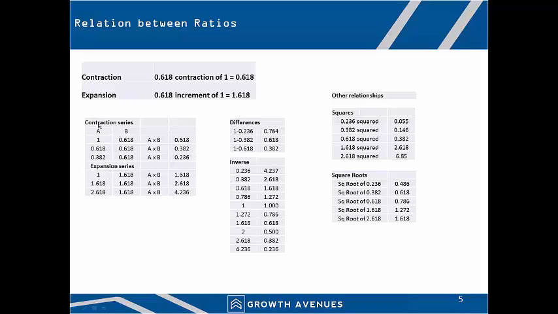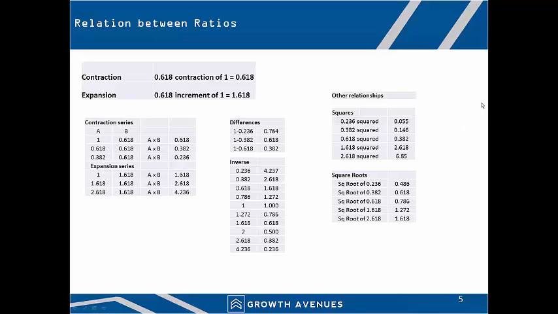Now I have 1, okay? And then we are going to contract that. So 0.618. So if you do 1 into 0.618, that is A into B, you will get 0.618. Now this is your new number.